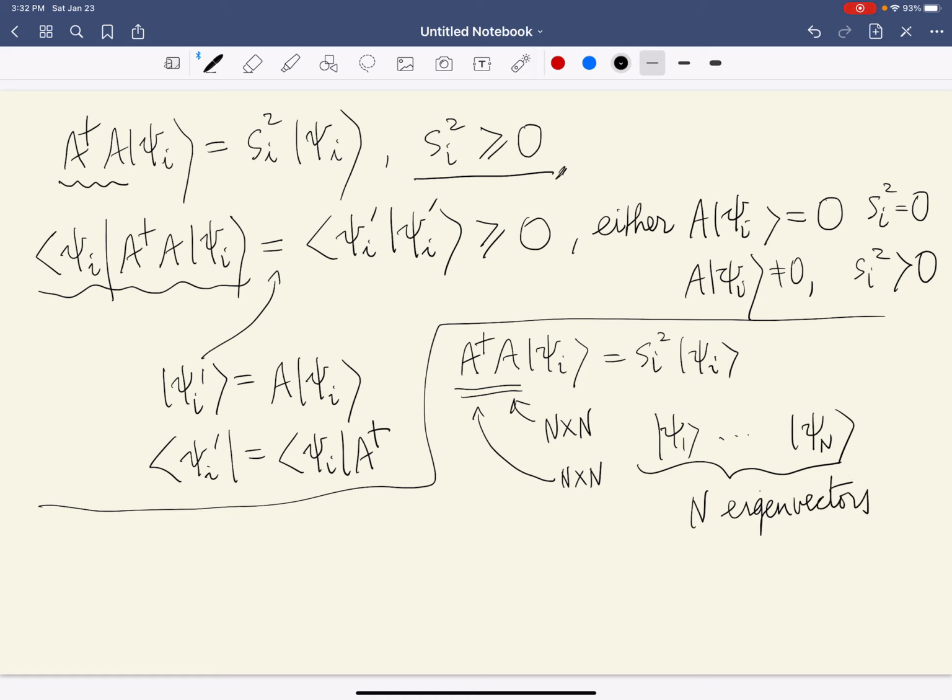Now, if we have n different eigenvectors that are mutually orthogonal, and these are the eigenvectors of some Hermitian matrix, we know that we can make a unitary matrix out of these vectors.